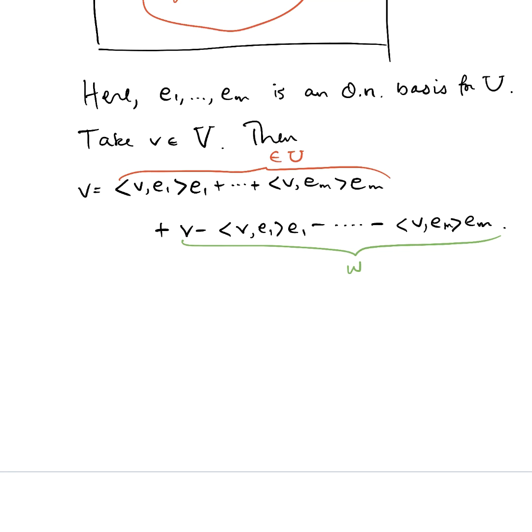Can we see what happens when we take the inner product of w with E1, say? Notice, if you take that whole second chunk and inner product it with E1, let's look at what happens.